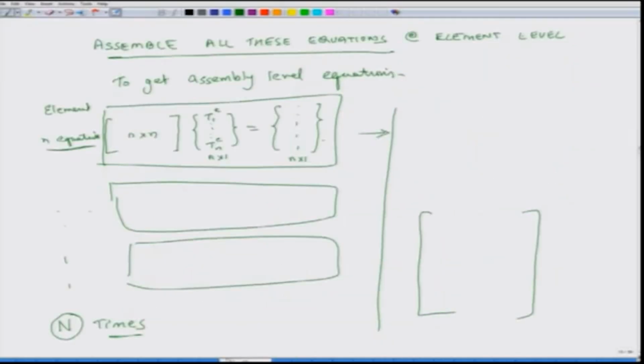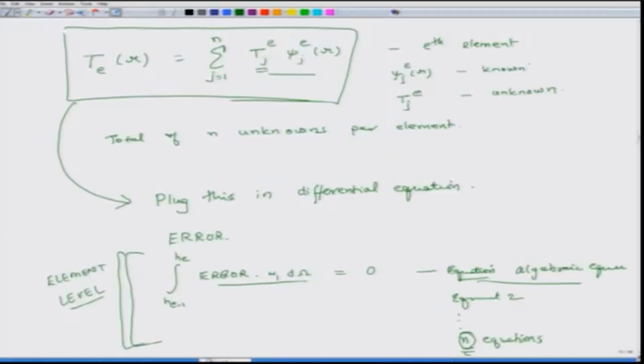First you develop element level equations. We will learn the mathematics of it later, but now I am giving you the procedure. You develop element level equations by computing the error, multiplying it by some function w, and integrating it over the domain. You get an algebraic set of equations, and because the error is a function of polynomial functions, you can integrate it very easily.